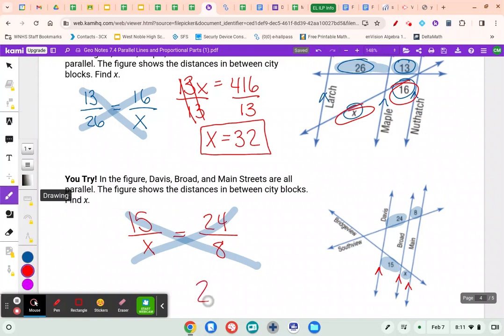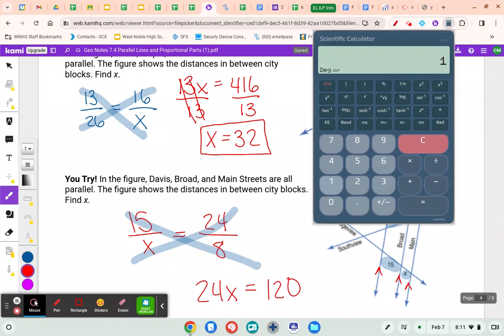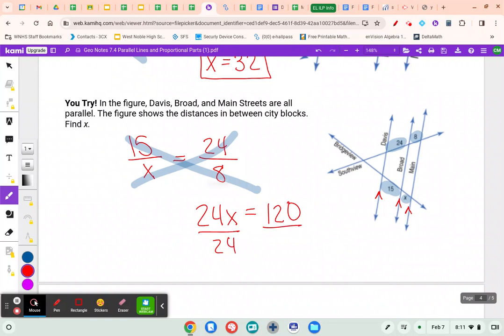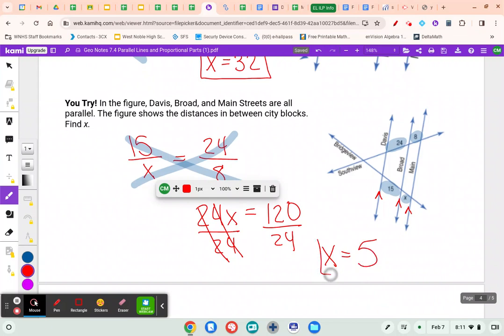So we have 24x equals 120 because 15 times 8 is 120. We divide by 24. This gives us that x is equal to 5. And 5 is smaller than 8, which we already knew needed to be the case. All right, flip paper.